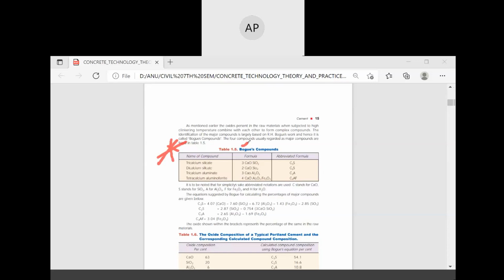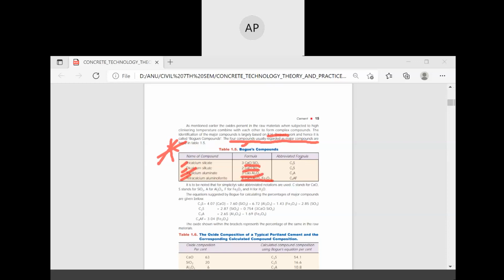These are the four compounds usually regarded as the major compounds. They were first given by R.H. Bogue and hence are called Bogue compounds. They are tricalcium silicate, dicalcium silicate, tricalcium aluminate, and tetracalcium aluminoferrite. The formula for tricalcium silicate is 3CaO.SiO2, and the abbreviations are shown here.